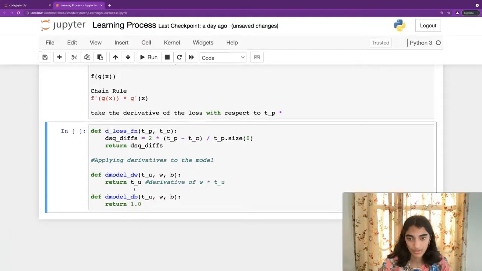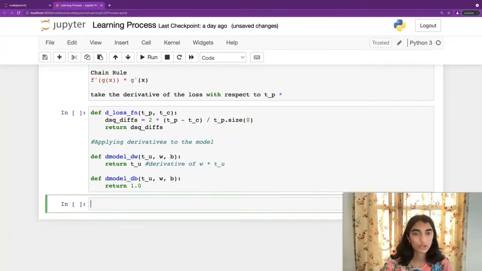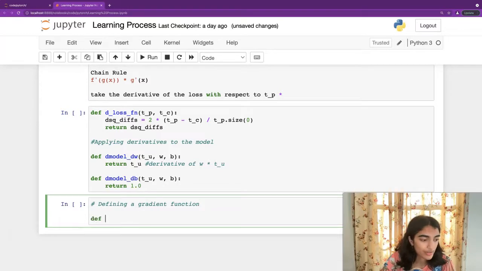Okay, and let's define our gradient. Our gradient is our vector of derivatives. We have 2 derivatives. Let's put them in a vector and see how that goes. So what we're doing here is defining a gradient function, a vector of derivatives. So let's say def grad_fn, gradient function.